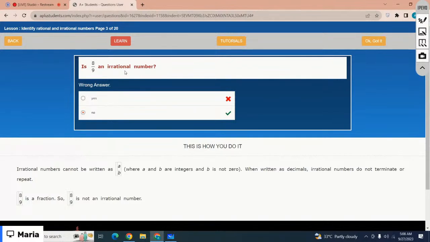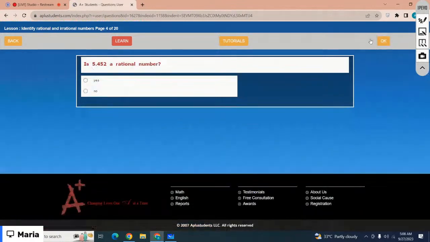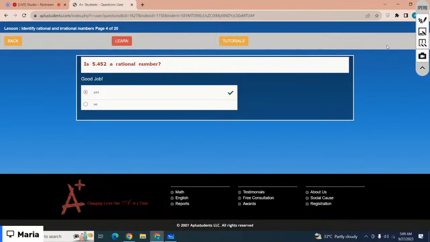It is already written in the form of a fraction. Okay, is 5.452 a rational number, yes or no? Yes, it is a rational number, because it is a terminating number and not repeating.